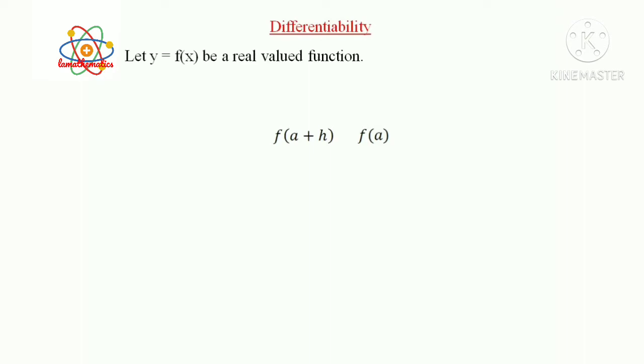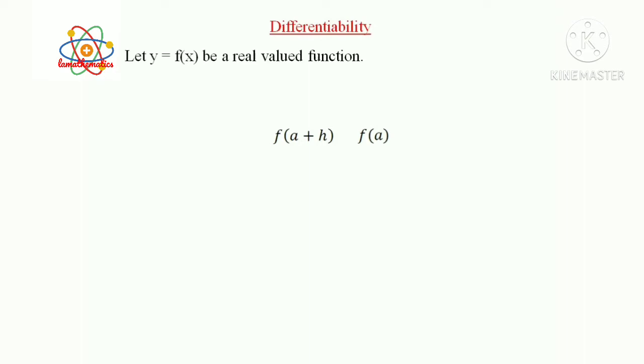X means x coordinate. F of x means y coordinate. That is a and f of a. A is x value, f of a is y value. Similarly, a plus h is x value and f of a plus h is y value.